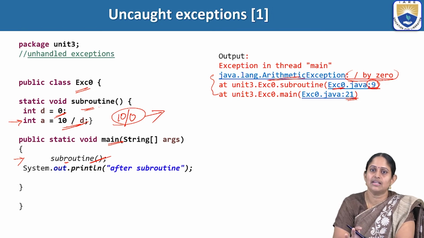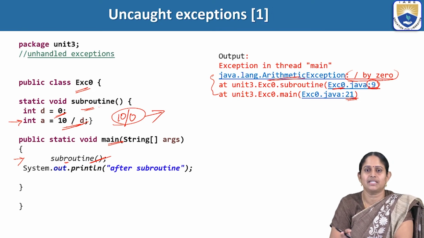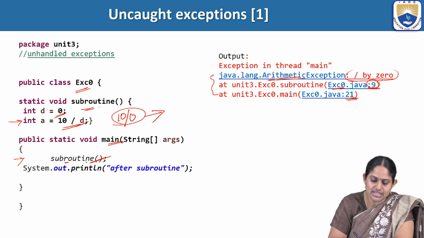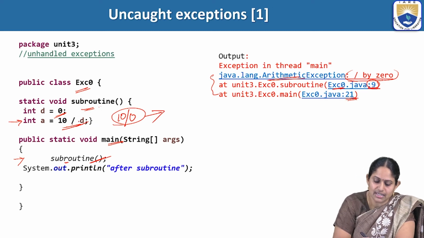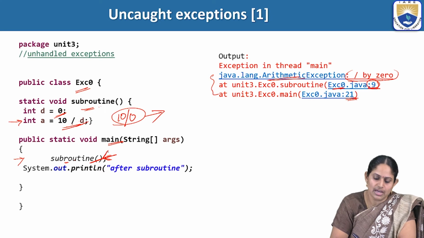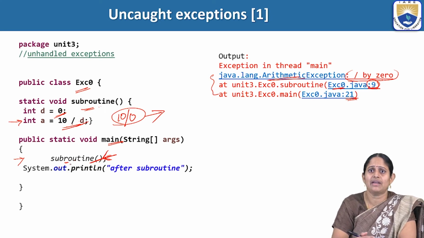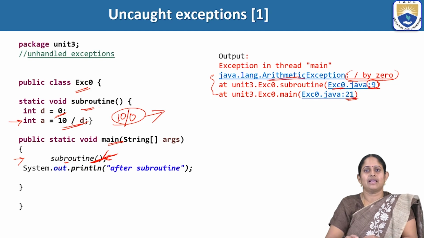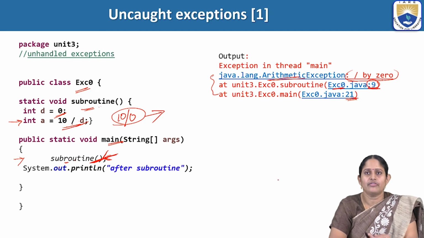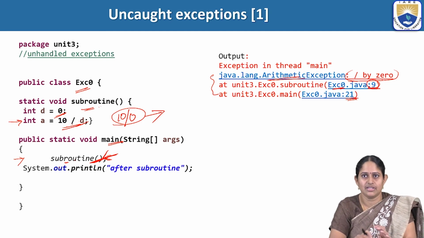It will throw that exception object and the execution will be stopped. Because subroutine was called inside the main, at this point again the execution will be stopped and whatever statement follows this line will not be executed. That is one of the main issues which arises.